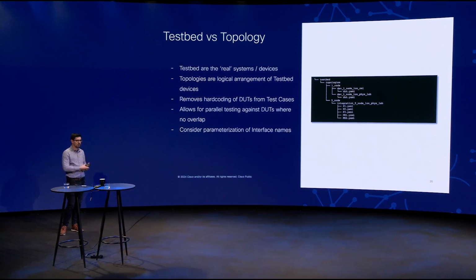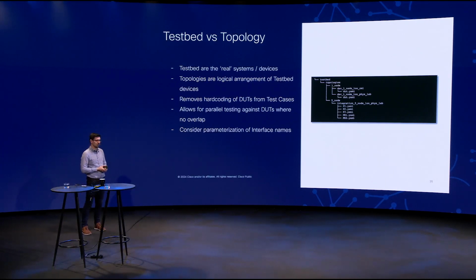I've put: consider parameterization of interface names. Anybody who's worked with virtual devices has probably come across the fact that they have generalized interface names, Gig 0/0/0, and so on. If we parameterize the interface name, that gives us the opportunity to hydrate or populate those parameters based on a given topology. So again, less hard coding.